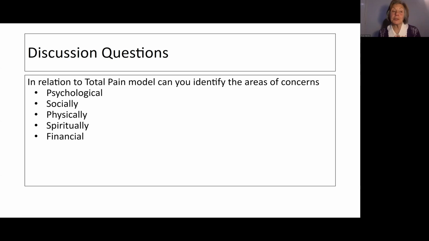And we're asking you to look at the psychological aspects of pain and what you can do to help, the social aspects, and how can you, who are in Lesotho, actually respond very quickly to try and help this mother. This baby's in pain. How can you help this baby physically? And then, of course, the spiritual aspects. What resources are there in Lesotho that you can bring to help this mother spiritually?